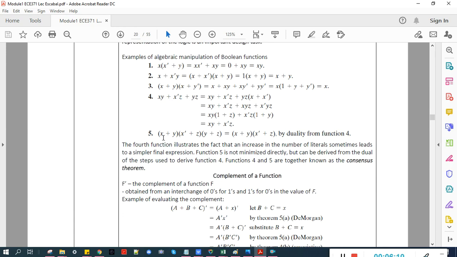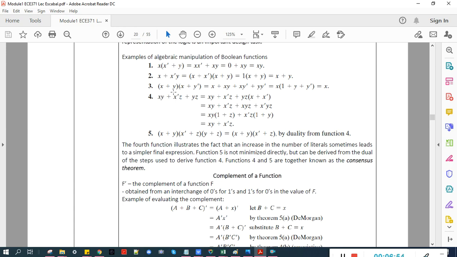Number 5. The quantity (x + y) ANDed with the quantity (x' + z) ANDed with the quantity (y + z). What happened here? It says by the duality from function 4. Using the result in function 4, we are using the duality property of the Boolean operators OR and AND.